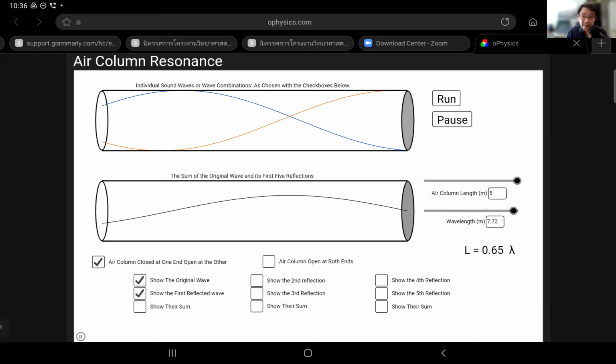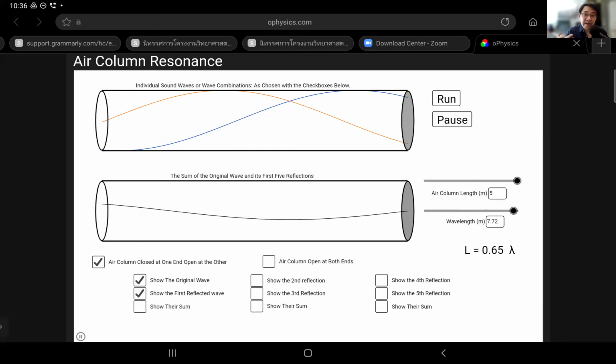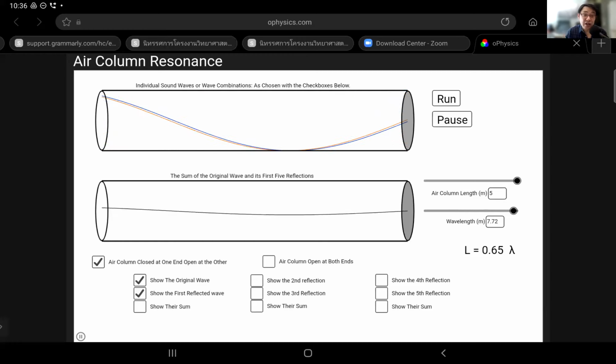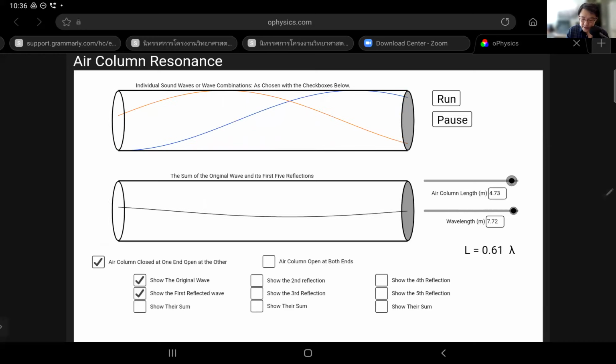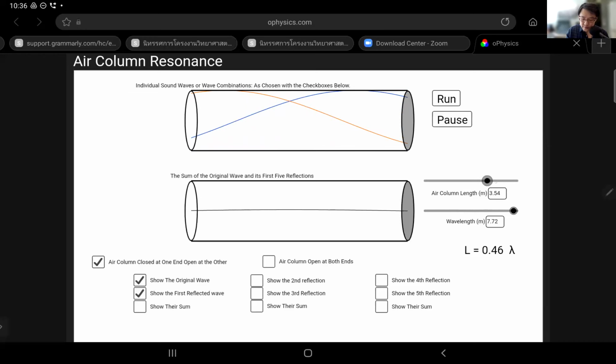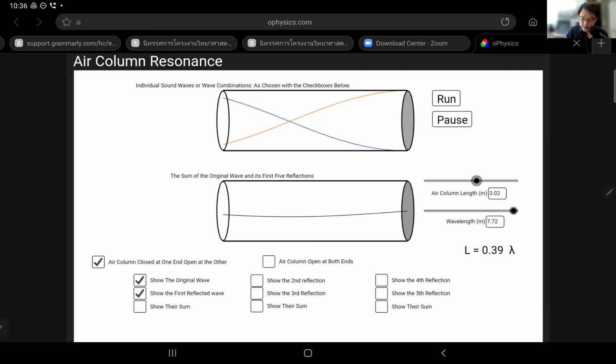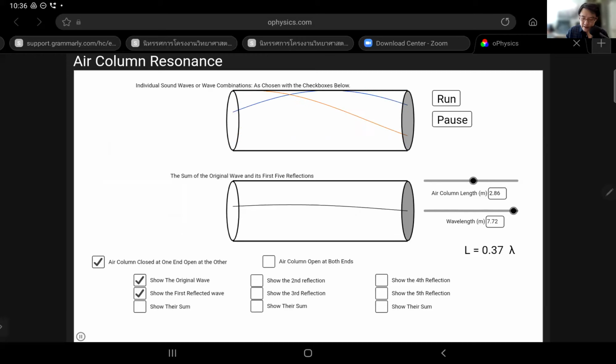the loop. For example, instead of adjusting the wavelength, I can adjust the length of the tube itself. For example, I can just squeeze this tube down. Oh, not so good. We just keep sliding it down again. It's a little bit better. See that?